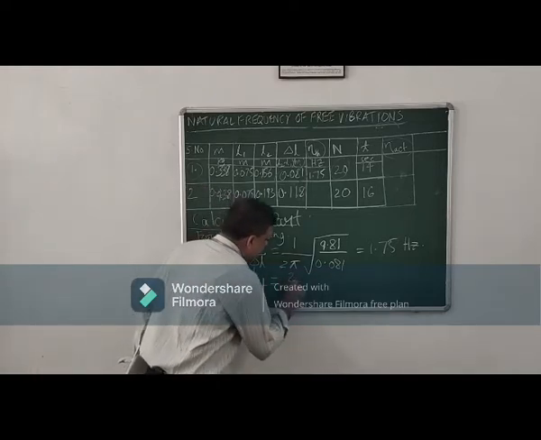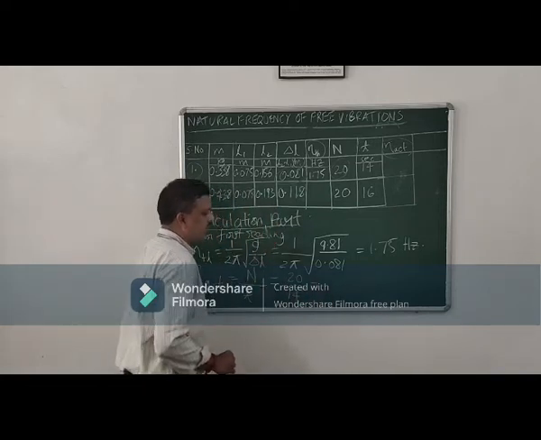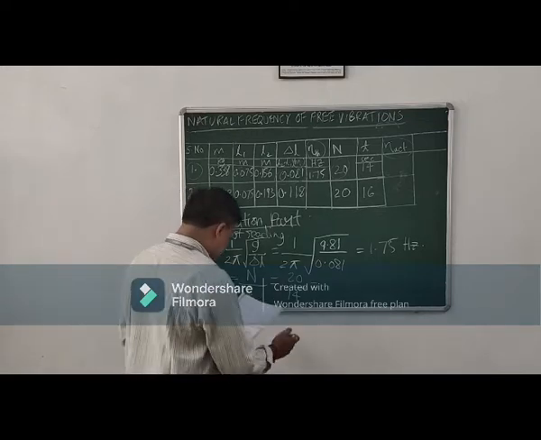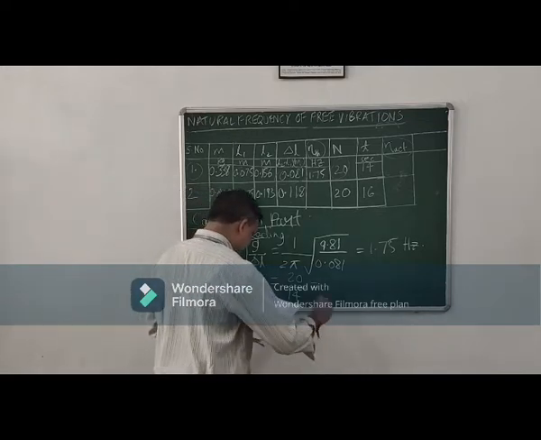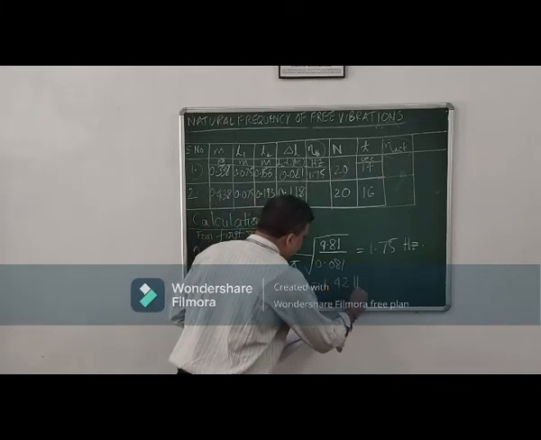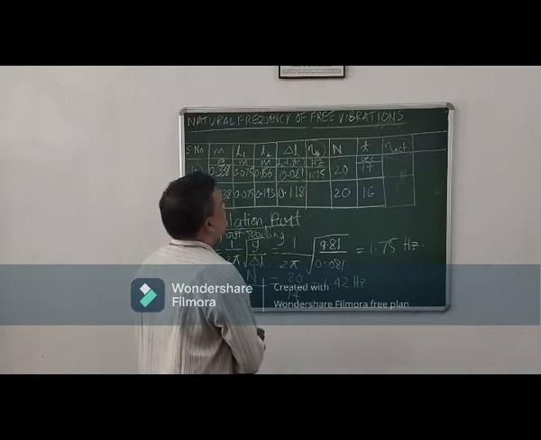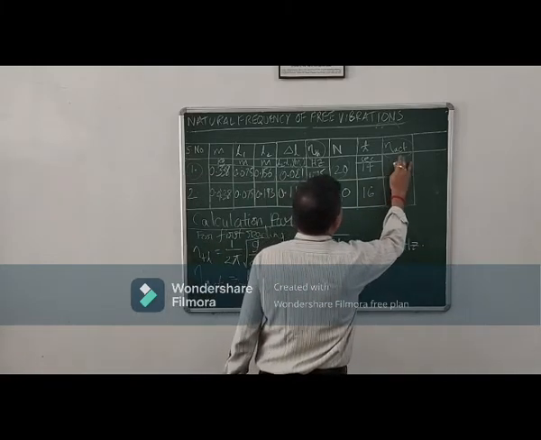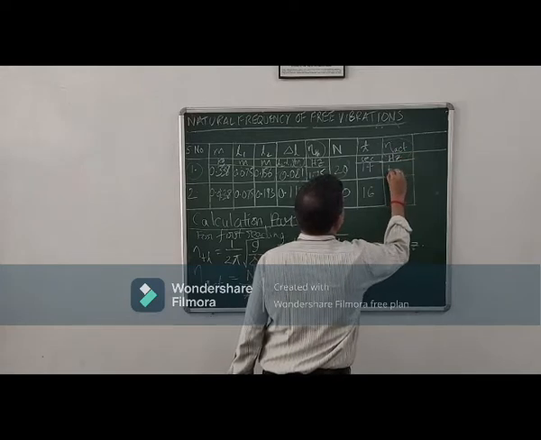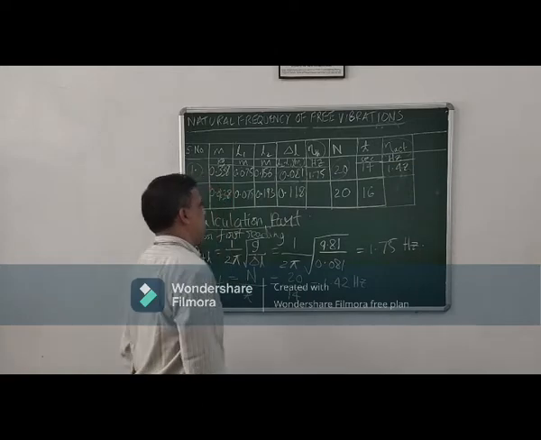So here you take 20 by 14, and the calculated value is 1.42 hertz, that is 1.42 cycles per second.